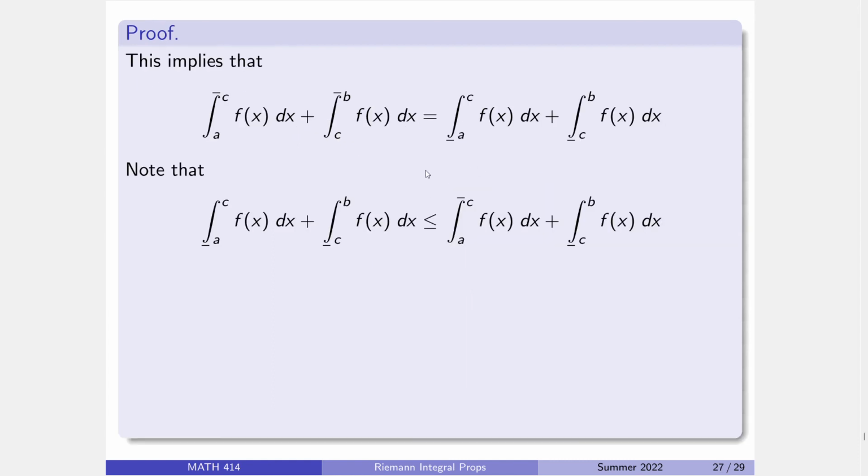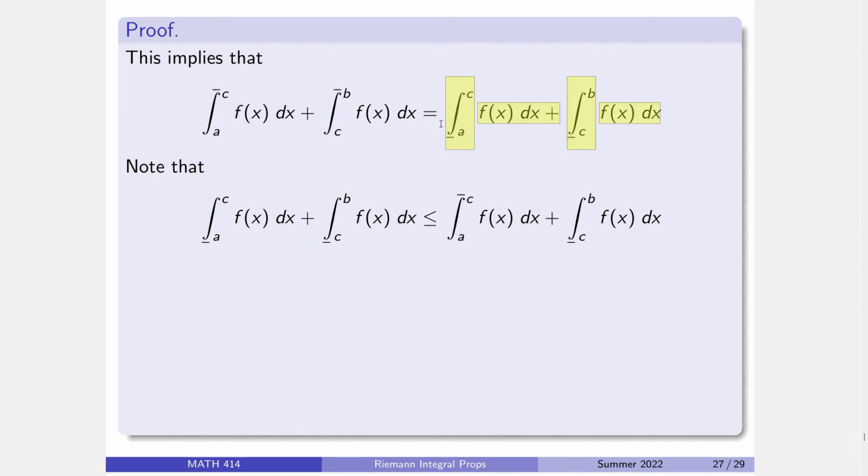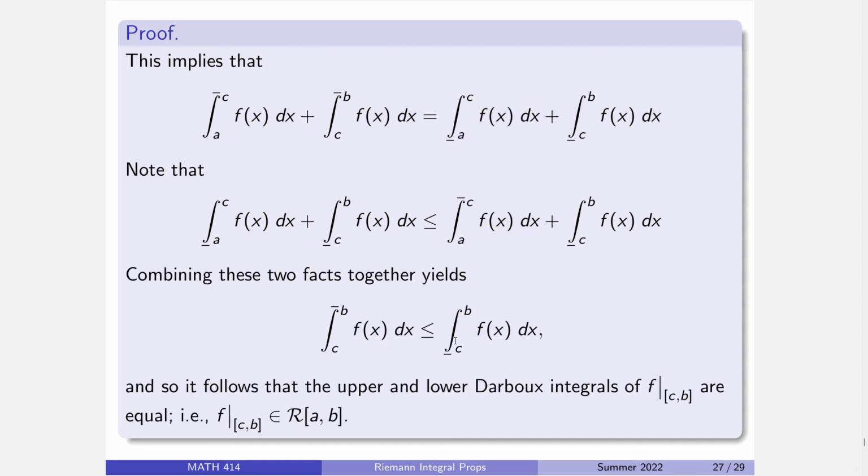Well, note that if I give a closer look here, I could cancel that because I know this is always less than or equal to that. And note, if I combine these two together, I can delete these, and then I get the upper is less than the lower, which guarantees that the upper and lower Darboux integrals of the function restricted to CB are equal, and so that means the restriction is integrable.